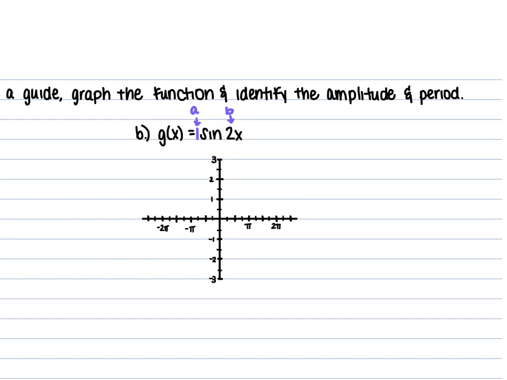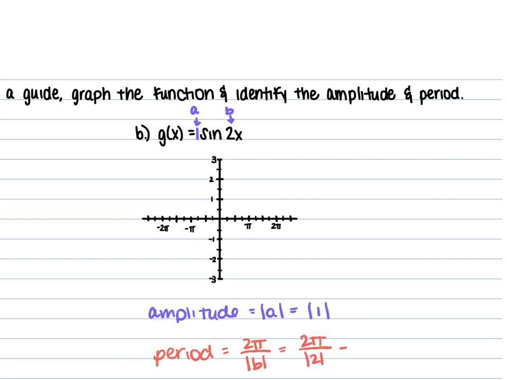So from here, our amplitude is the absolute value of a, which is the absolute value of 1. Your period is 2 pi over the absolute value of b, which is 2 pi over the absolute value of 2, which is just 2 pi over 2, and that's pi.